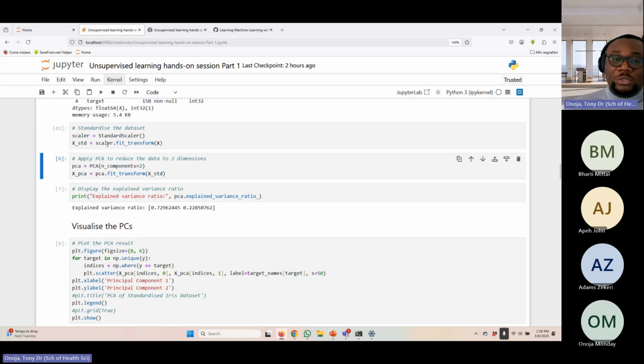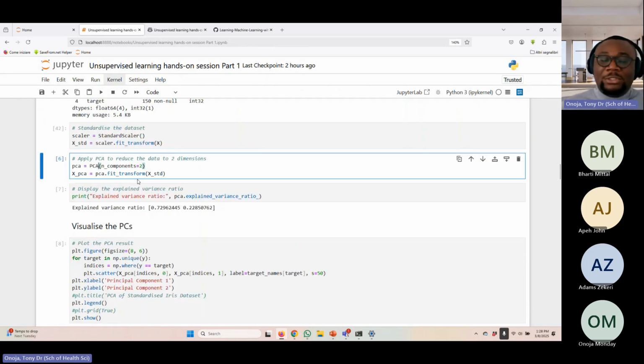And the moment you do this standardization, the dataset will move from being a data frame to becoming a NumPy array. So these are all matrix transformations again. Most likely, you will define the first two dimensions in the PCA.